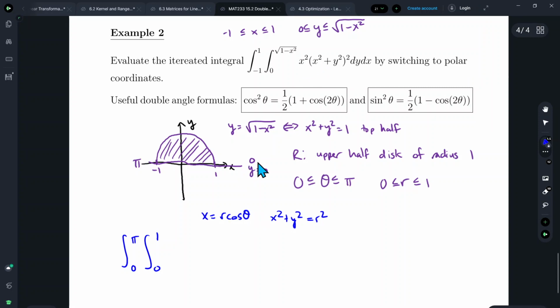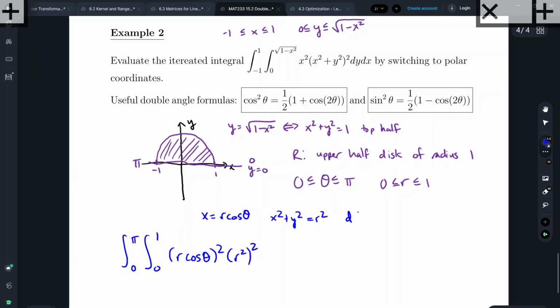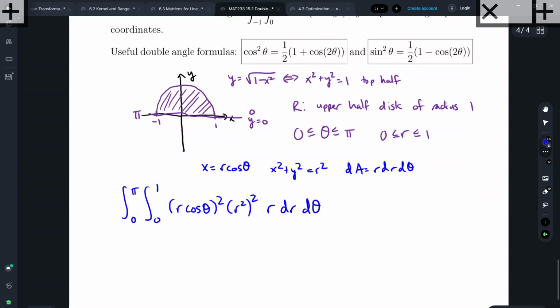So x is r cosine theta, so we have r cosine theta squared, and then x squared plus y squared is r squared, but that itself is being squared here. And then also we have dA, or maybe I should say dy dx, is r dr d theta. Okay, so that's the whole integral.